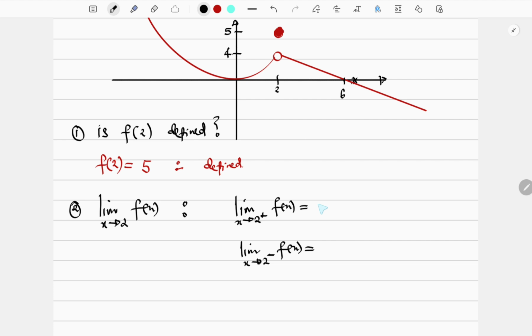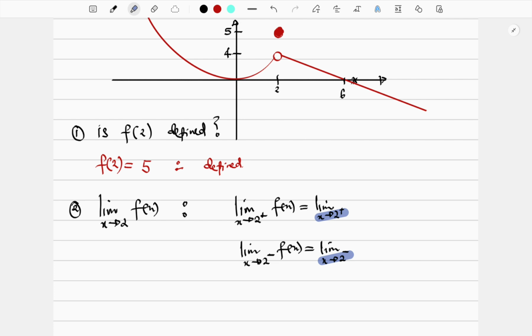But what do we know now? I would like to clarify on this statement. X approaching 2 from the negative doesn't mean that we are substituting minus 2, right?